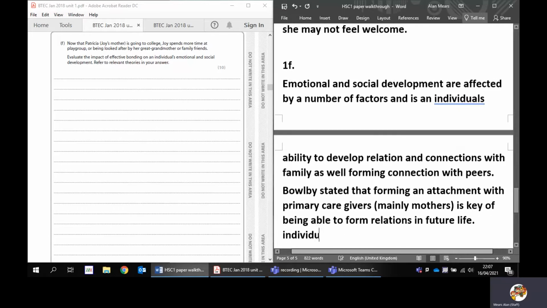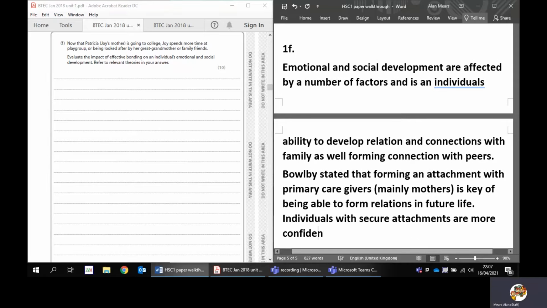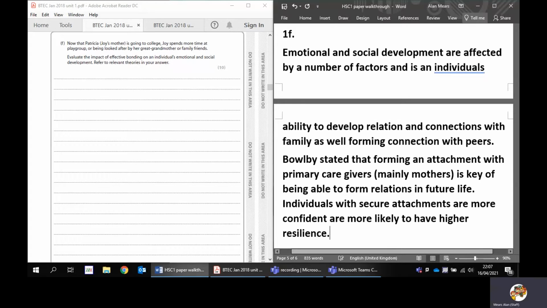Individuals with secure attachments are more confident, more likely to have higher resilience. So we've got the definition. We've started off with a theory. We've talked about what Bowlby says and why bonding and emotional and social development is important.